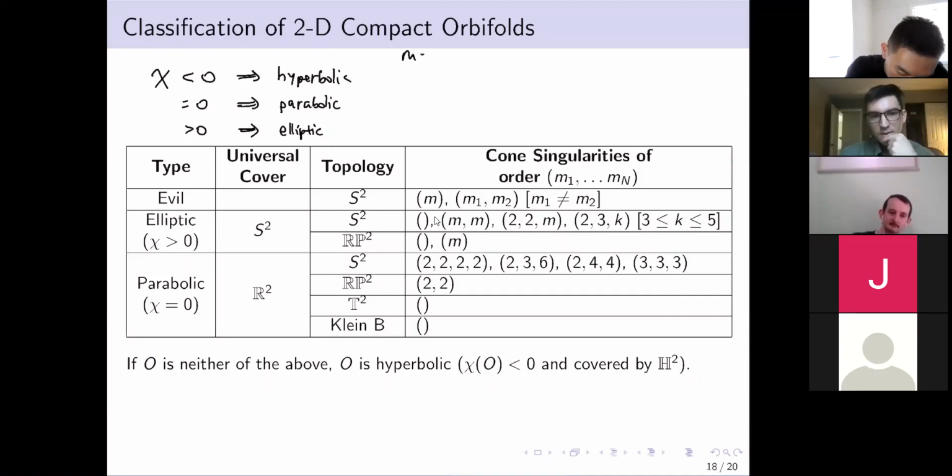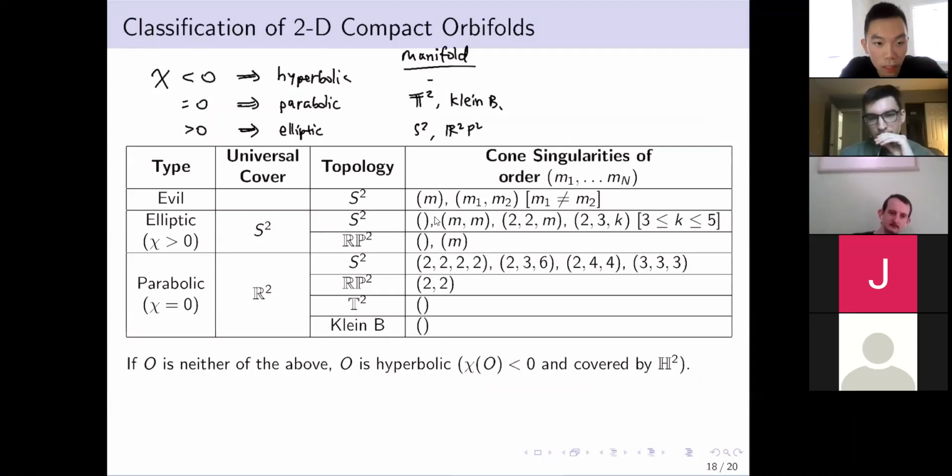If we only talk about manifolds, no orbifolds, so no cone points or whatsoever, then there are plenty of hyperbolic ones, but we can classify the parabolic and the elliptic ones fairly easily. The elliptic ones are just S2 and then RP2. And the parabolic ones, at least the compact ones, are the 2-torus and also the Klein bottle.